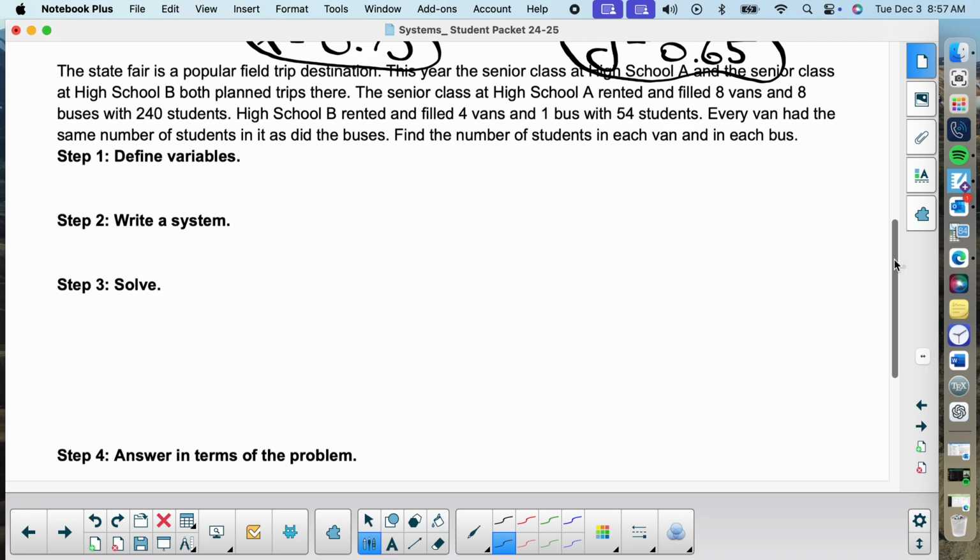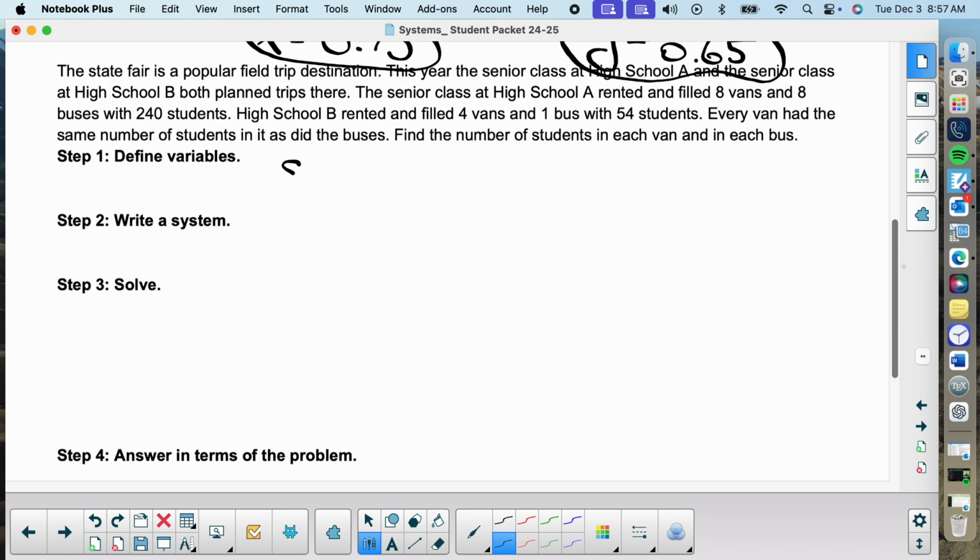Okay, well, that's kind of the idea of this. So I'm assuming you guys took school buses there. That's what this is going with. Each school is gonna take school buses and vans because there weren't enough buses there. It says, School A and School B went there. School A had 8 vans, 8 buses, and took 240 students.